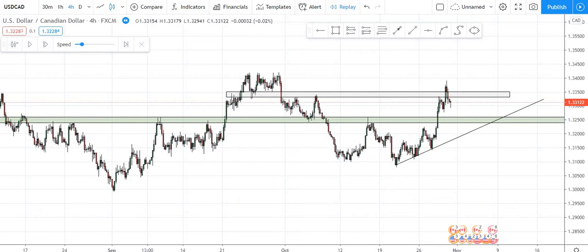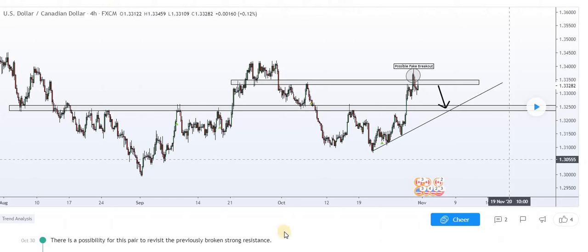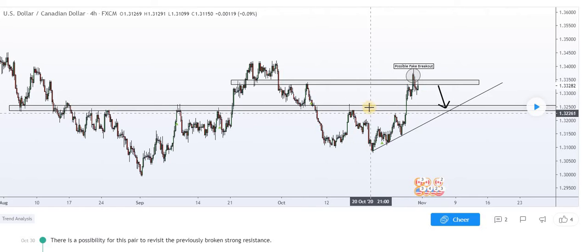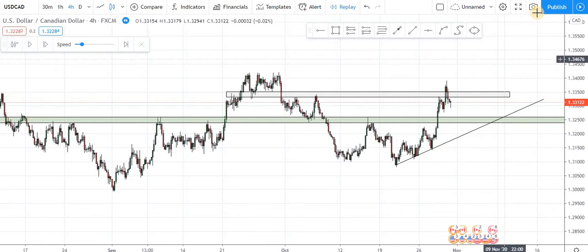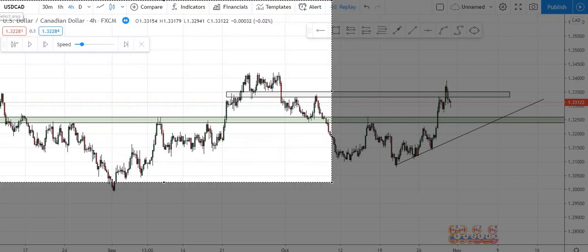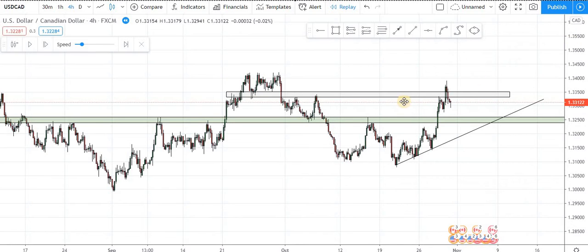So now, why did I think or believe that this previously broken resistance would be revisited? Why did I think that? Now let's look at our charts. First, when price got to this point, what happened? When price reached this resistance, this other resistance here, this also was a resistance. Why a resistance?